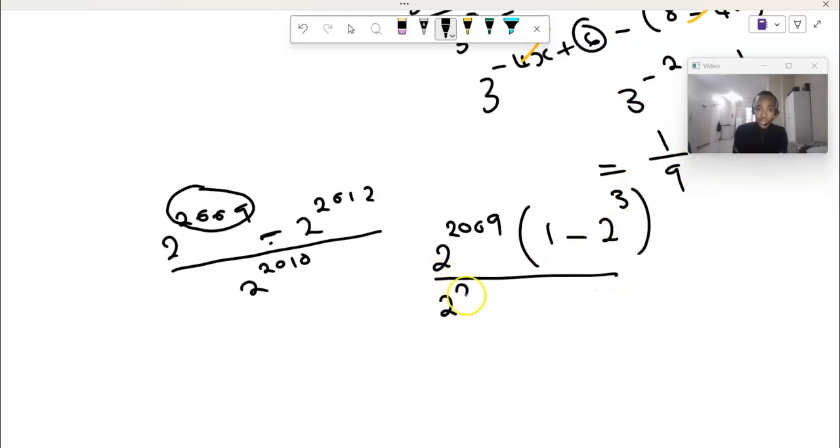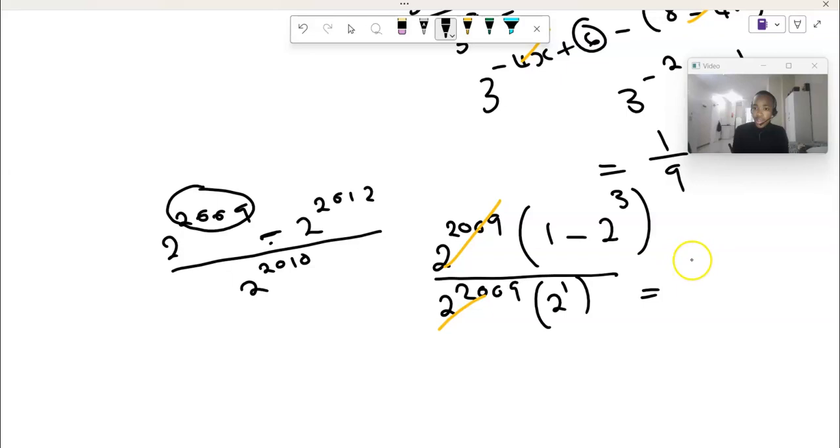Here again, 2^2009 times 2^1, because 2009 plus 1 is 2010. And then we can remove these, and then basically simple math here.